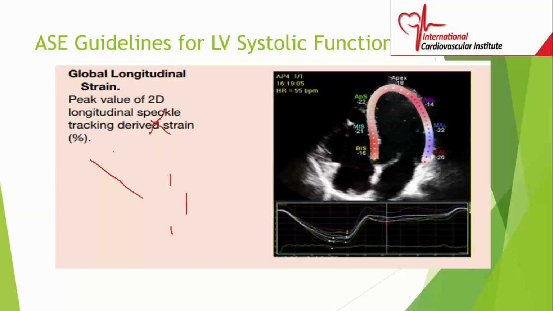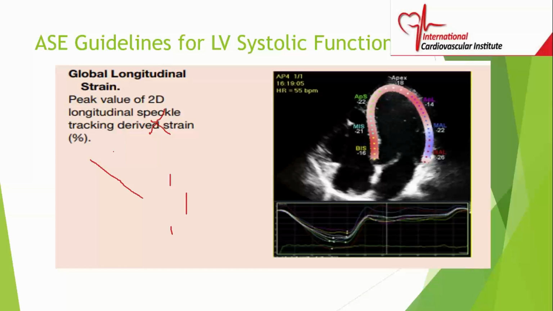The formula for that is Lt minus L naught over L naught, where Lt is the instantaneous length, or the length at some period of time, minus L naught, which is the original length, divided by the original length. And these are what we call deformation parameters.